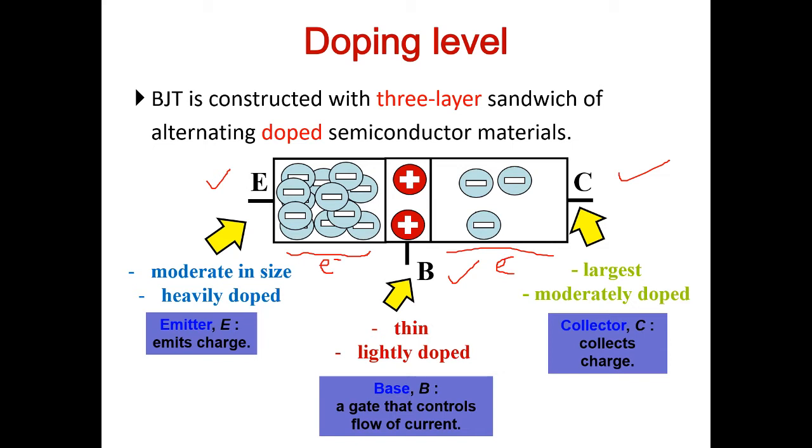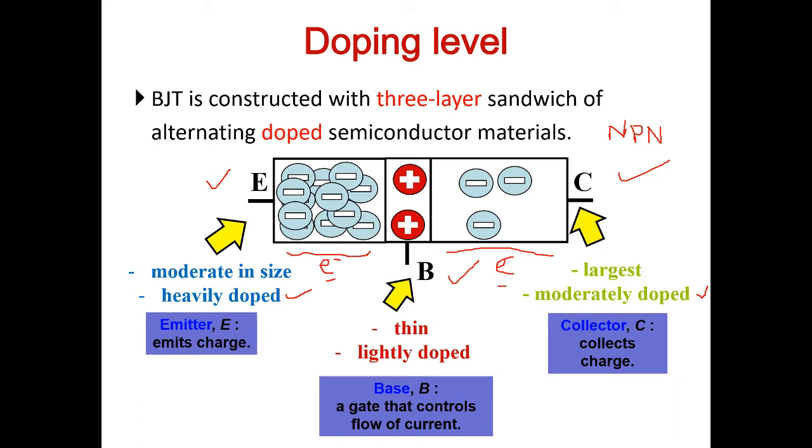This image shows that the emitter part is heavily doped, but the collector part is moderately doped. If the emitter and collector have more free electrons, you know that this is the NPN type of transistor.